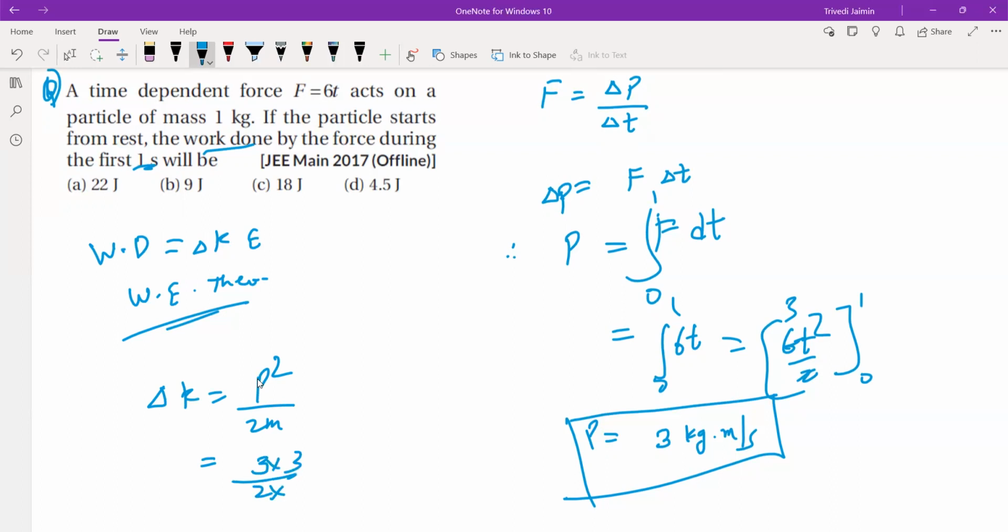What is m here? Okay, 1 kg, which gives 4.5 joules. Easy? Understood?